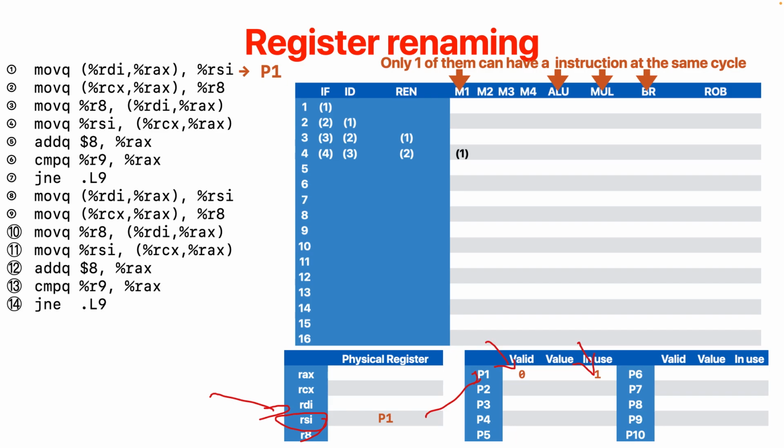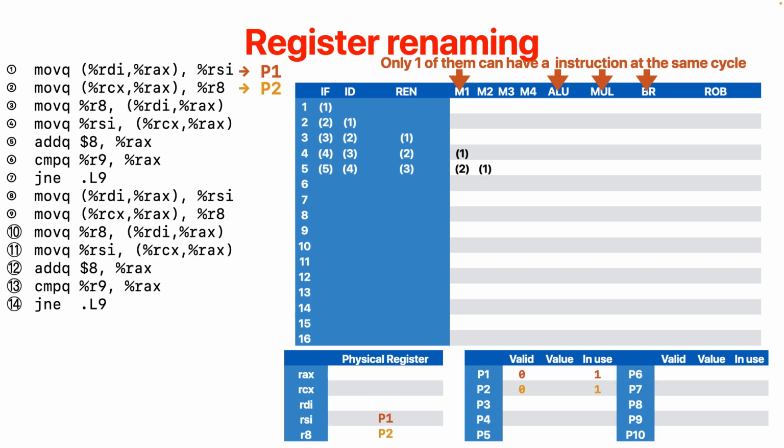Now, in the next cycle, we rename instruction 2, and instruction 2 we will put in P2. In the next cycle, instruction 2 can go into the memory stage because the first instruction already moved on from the first memory stage to the second memory stage.